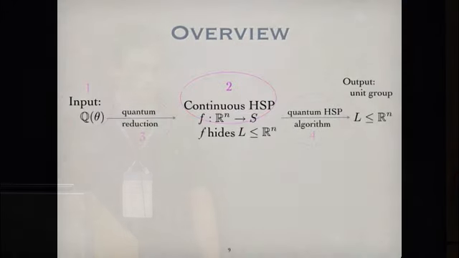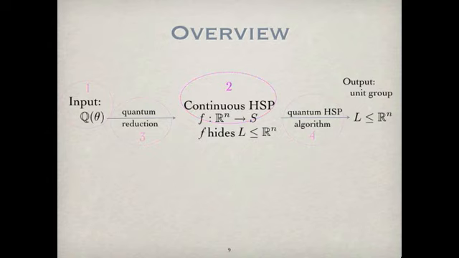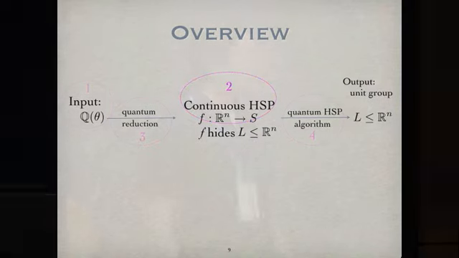Okay. So that's the input and the output. Are there any other questions before I move on to the hidden subgroup problem? Yeah? Is it the case that you know the group of units but might not know the exact expression for any unit in that group? The exact expression. Like here you said. Yes.